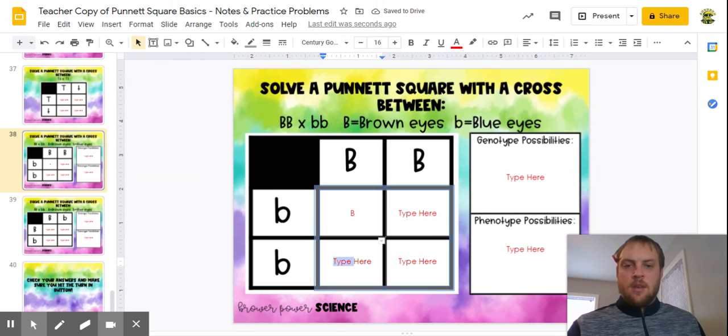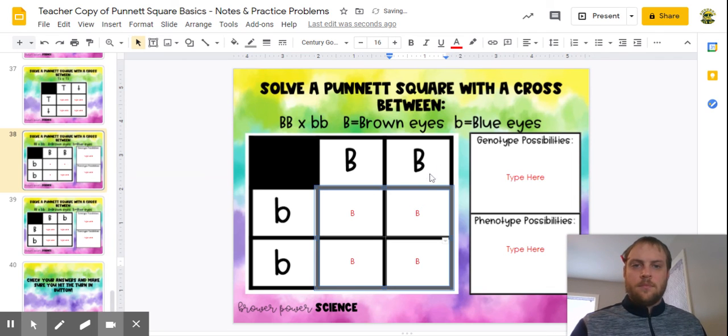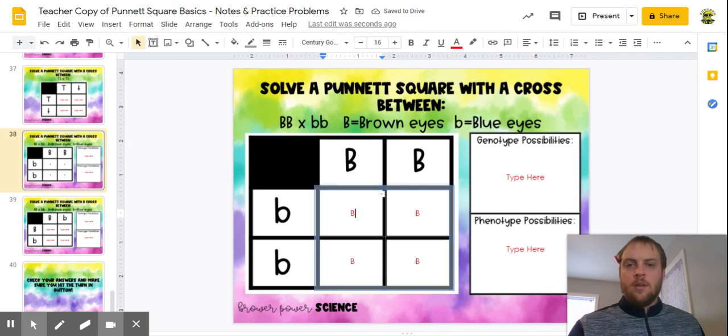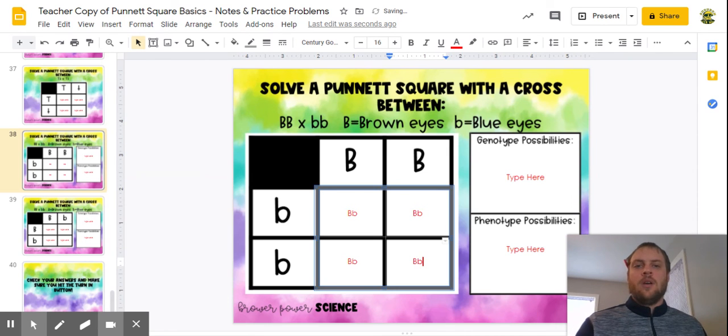Big B, big B, and big B, because again, both types are the same. Big B, and now we're going to take the parent from the side, little b, little b, little b, little b. So that's how your Punnett square should look.